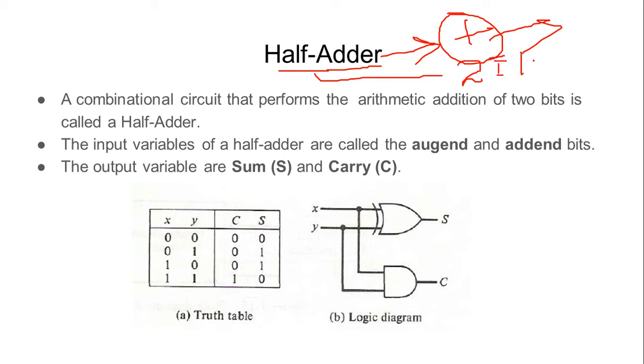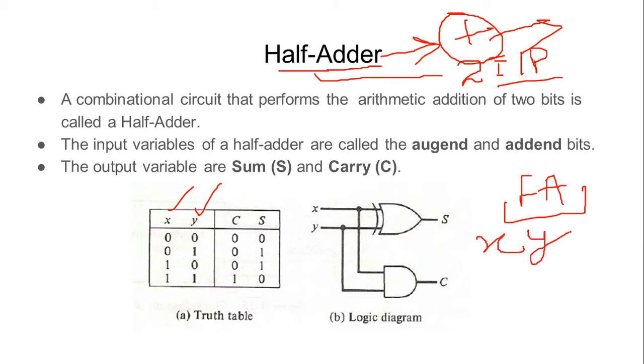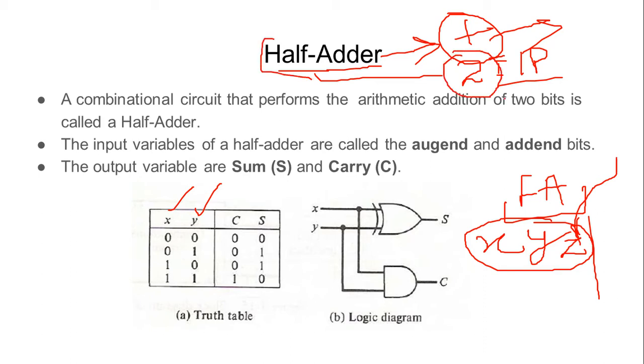Whenever we talk about half adder, only two inputs are taken, maybe x or y, like it's been given in the truth table. And when we talk about a full adder, we have three inputs, like x and y as inputs, and there is another input which is normally considered as the carry generated by the previous output, right? So the general key term is that in case of full adder, we are working with three input variables. In case of half adder, we have only two input variables.